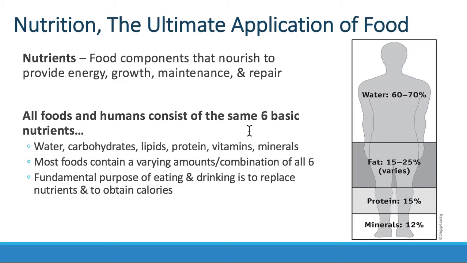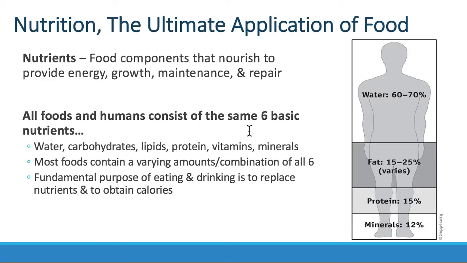So we have those 6 essential nutrients. Our macronutrients, so carbohydrates, lipids, and protein. And remember, those are energy providing, so they give us energy in the form of calories. We then have our micronutrients, so our vitamins and minerals, right? And then our 6th essential nutrient is water. And so water is what we'll talk about in this part of the lecture primarily.